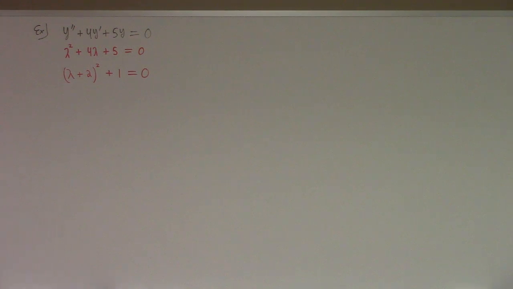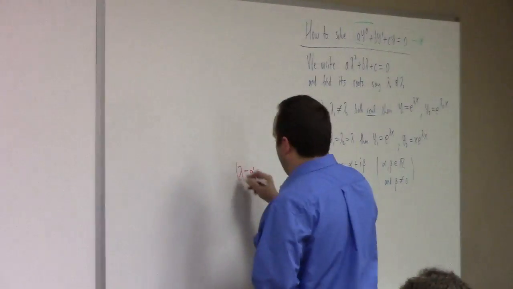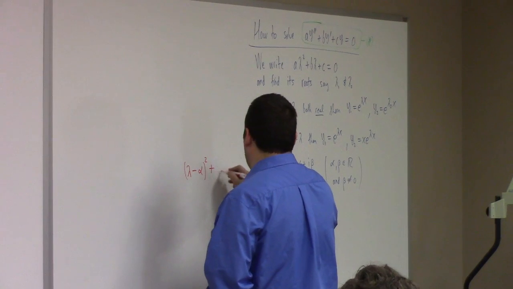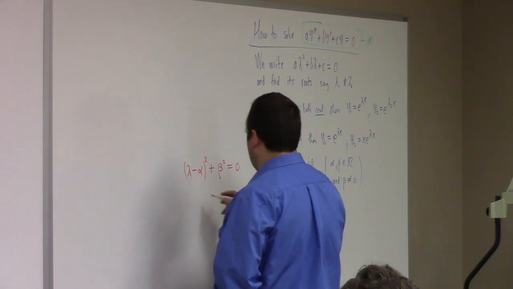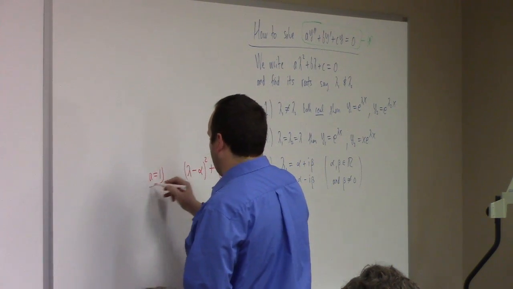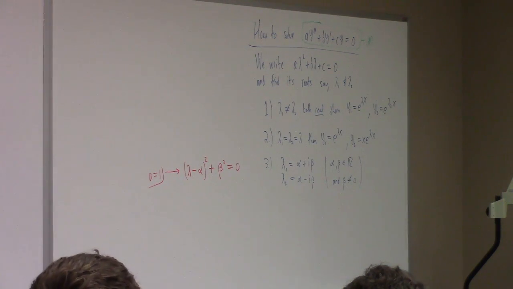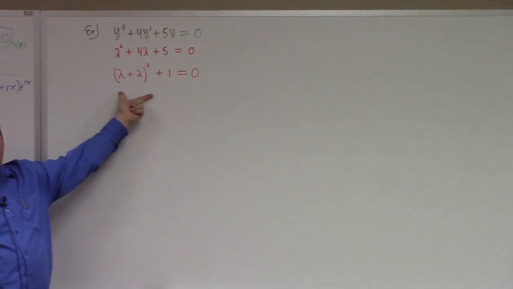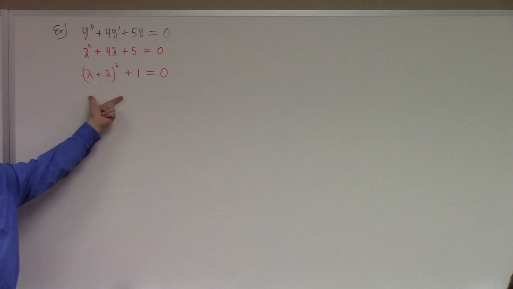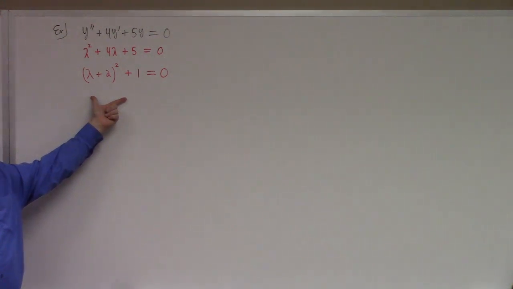By the way, in this case, the characteristic equation can be rewritten like this: lambda minus alpha squared plus beta squared equals 0, assuming that I have a equal to 1. That's what happens. And so once I have this format, I don't have to solve the quadratic equation or anything like that. I can directly read from this expression the complex root. Alpha equals what, beta equals what from this?